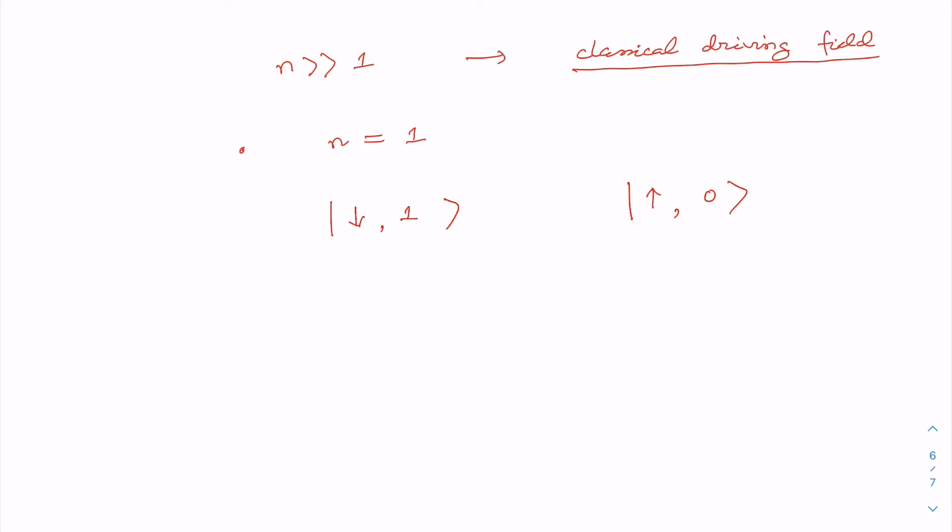These would be the eigenstates, and therefore the oscillations will occur between this state and this state, where this state is interesting because there is no photon in the field mode, and that is the so-called vacuum. When n is equal to 1, the Rabi oscillation is taking place between the one-photon state of the field and the vacuum state of the field. That's why this oscillation for the n equal to 1 case is known as vacuum Rabi oscillations.